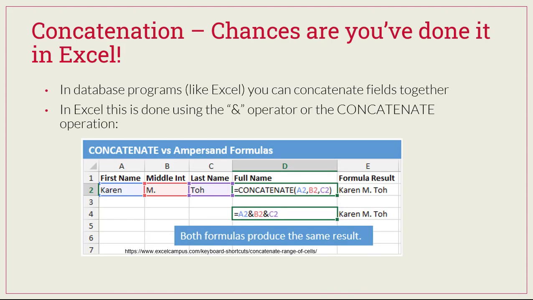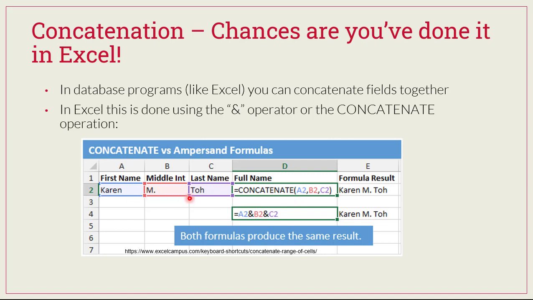Likely, you've done this already in Excel or a program like Excel where you have combined fields together. In Excel, this concatenation is done by using the concatenate operator or also the ampersand operator. Here's a screenshot of what that looks like within Excel.